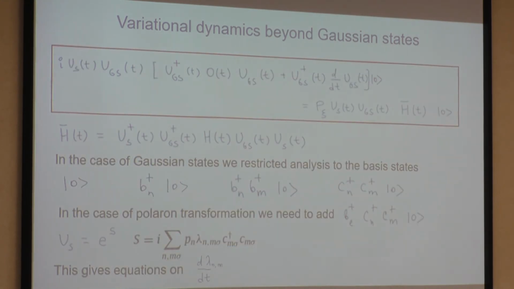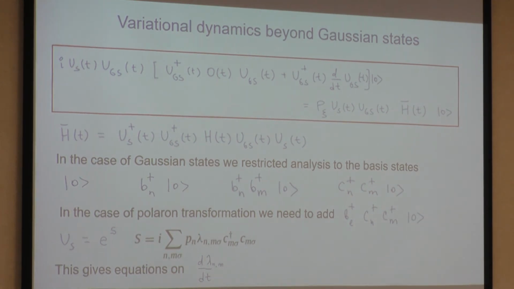And in fact, it turns out that we can do a very simple generalization of what we did before. Remember, when we talked about the dynamics of a Gaussian state just for bosons, we projected our dynamics by looking at states where we either do not create any excitation, create one, or create two. When we talked about the Gaussian state for fermions, we were only looking at creating two excitations, like two fermions on top of the vacuum. So in the case of the Polaron transformation, we'll just add one more state where we simultaneously create two fermions in vacuum and an extra phonon, right?